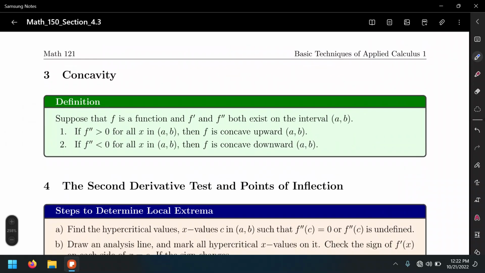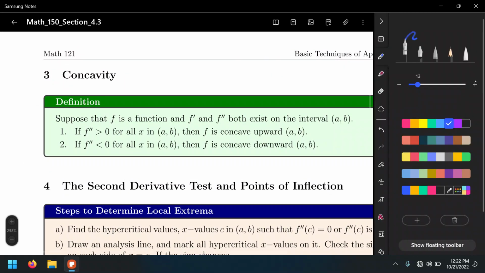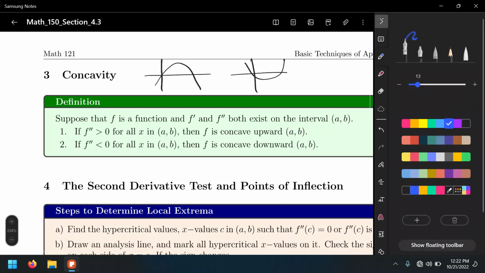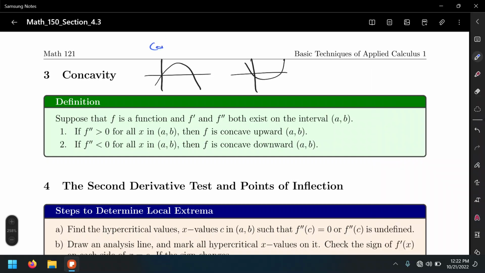Concavity. I think a picture again is going to help. We have a parabola that is upside down versus a parabola that is opening up. The first graph is concave down, because it opens down, and the other is concave up.